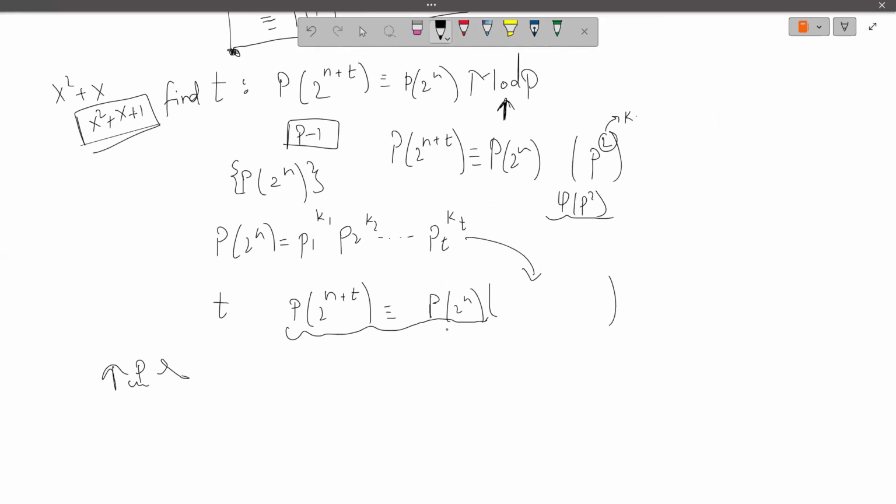And the thing you're putting in open brackets is P of 2 to the n, right? So you want P of 2 to the power n to divide P of 2 to the power n plus T. No, I don't want that. I want you to find me such a T that I can bound the VP.